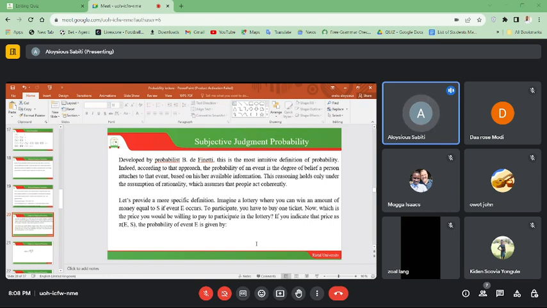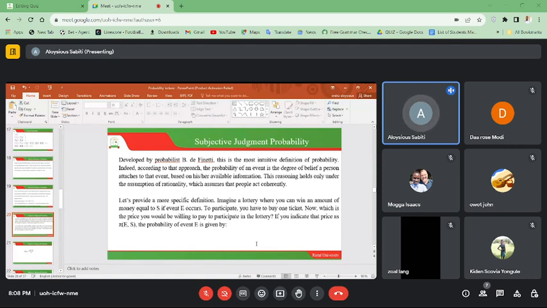And the last approach is what we call the subjective judgment probability. Subjective judgment probability is what was developed by the probabilist.